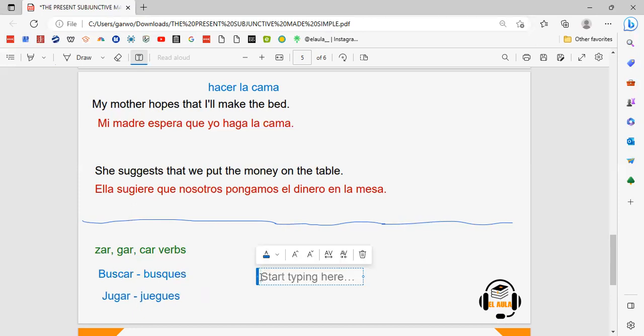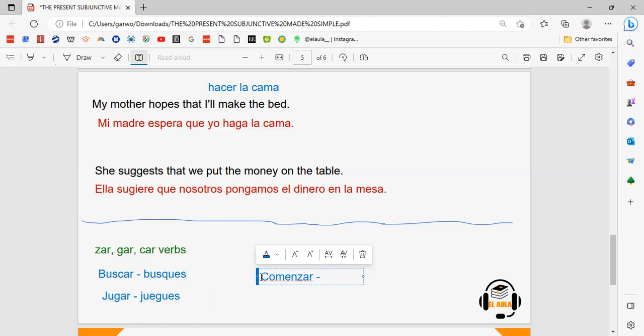And then finally, for ZAR verbs, let's use empezar as an example. All we're essentially doing is changing our Z to a C when we're working with the present subjunctive mood. So again, let's say we're conjugating to the tú form present subjunctive mood, empezar.